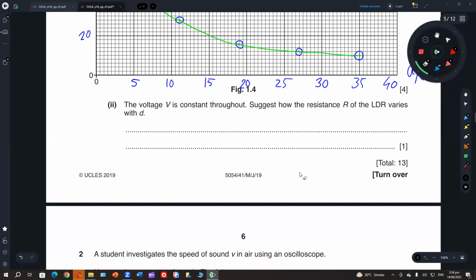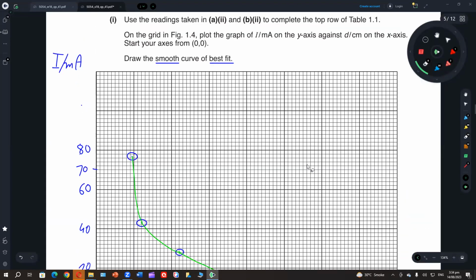The voltage V is constant throughout, suggest how the resistance R of the LDR varies with D. Resistance R of the LDR, but this graph is for current.